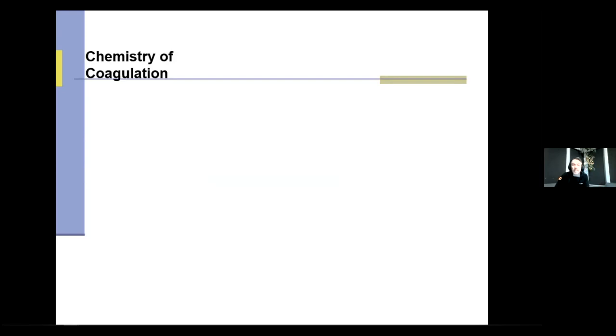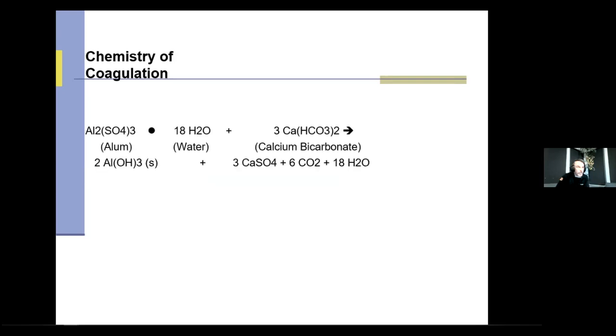Let's talk a little bit about the chemistry. You're not responsible for that, but let's look at it from a chemistry standpoint of what happens in that water when a coagulant's added. It does a reaction. This is aluminum sulfate over here.